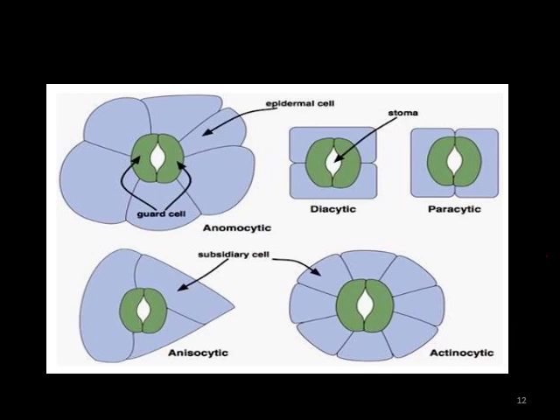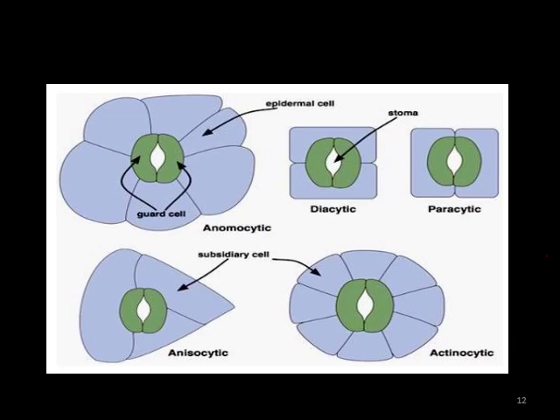The second type is anisocytic stomata. In this stomata, the guard cells are surrounded by three subsidiary cells, and these subsidiary cells have different sizes. All cells are different from each other, and an example of anisocytic stomata is potato. The third is parasitic stomata.